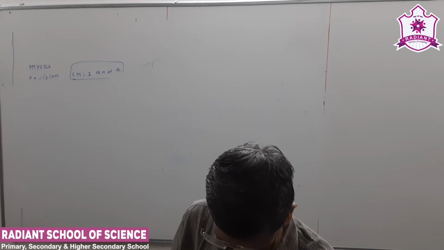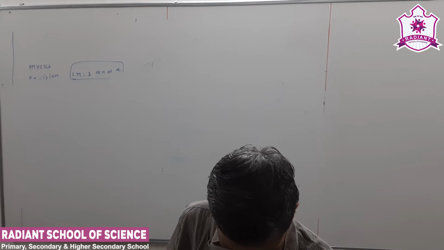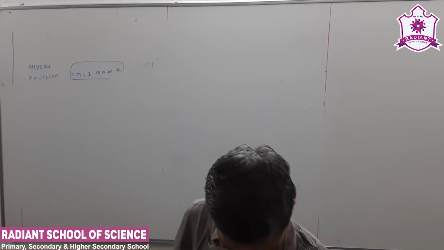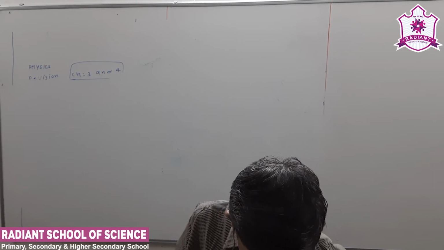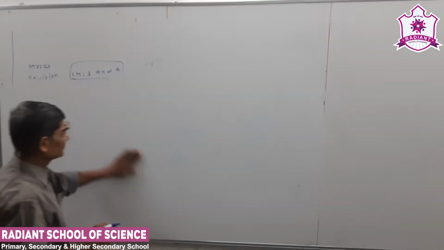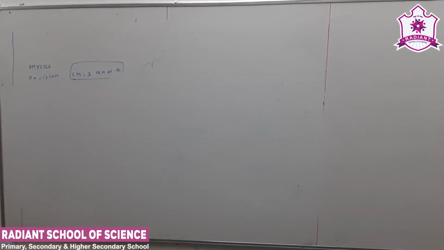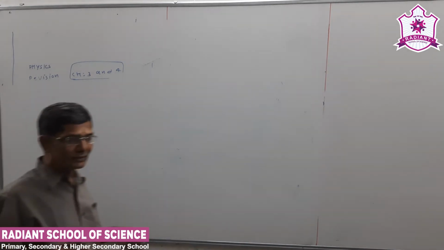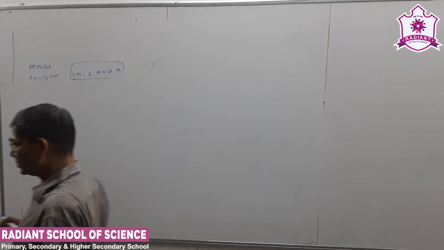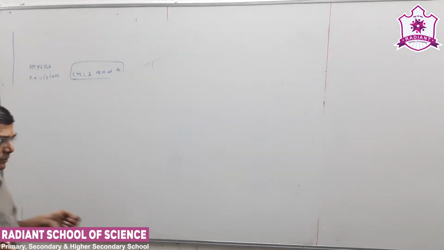Now we take some questions regarding vectors. We take some basic questions related to unit vectors. Now let us see how to find the unit vector of a given vector.